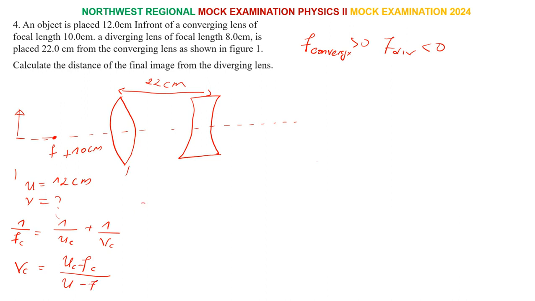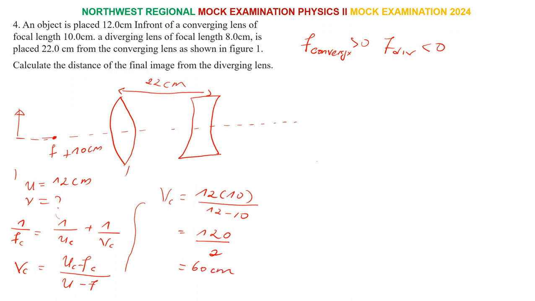So this means that my VC will be equal to, we have UC, our UC is 12 times 10, which is the focal length, divided by 12 minus 10. So 12 times 10 is 120. 120 divided by 2, which will give me 60 centimeters.